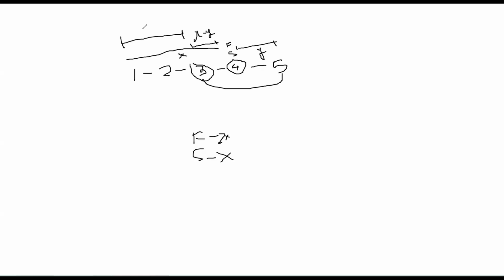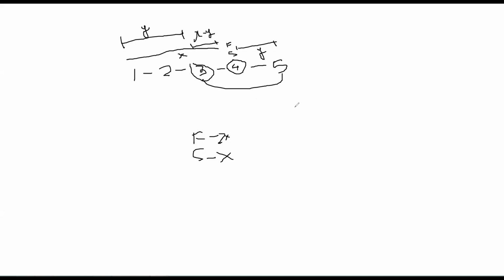So what is y here? Y is the distance between the meeting point and the end of the list, where the loop is. So L is equal to x plus y, you are saying, right? L is equal to x plus y. Yeah. Okay.